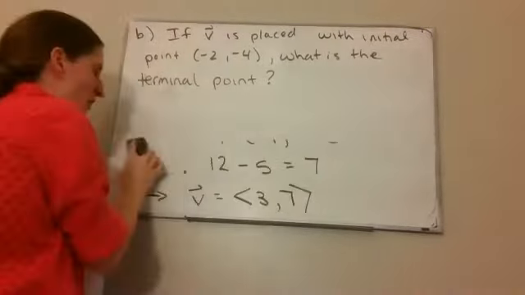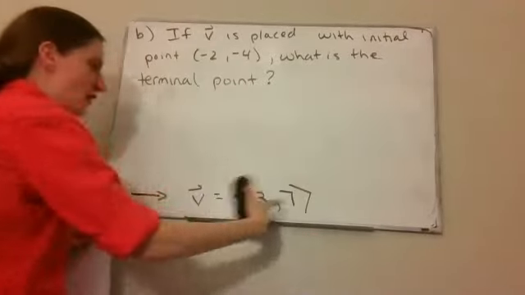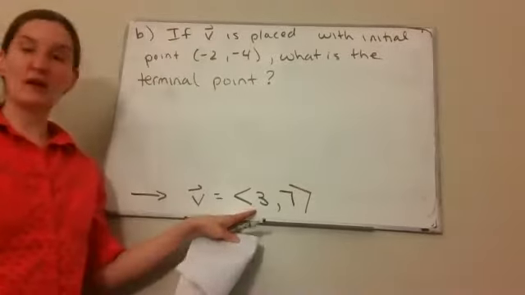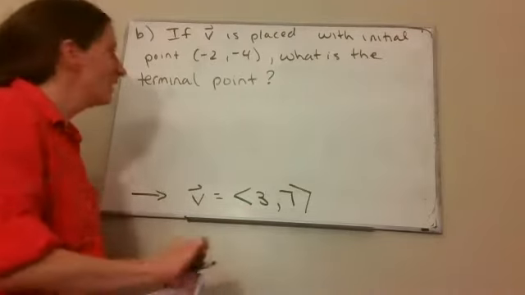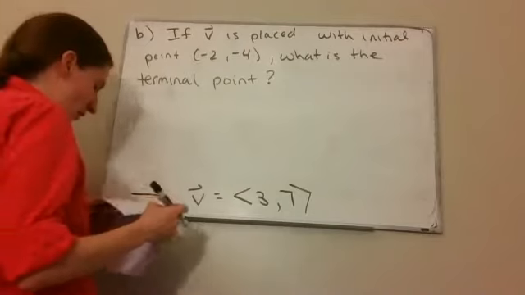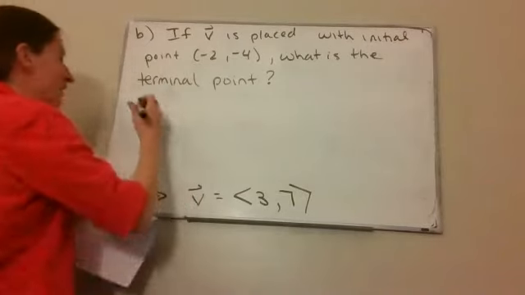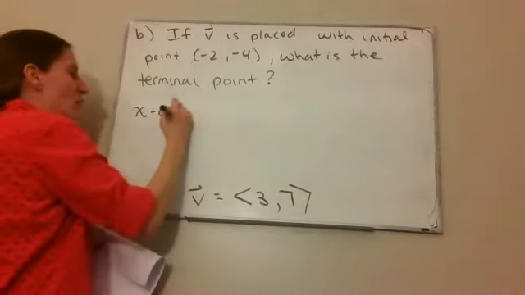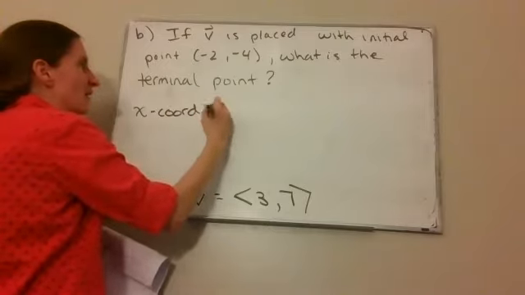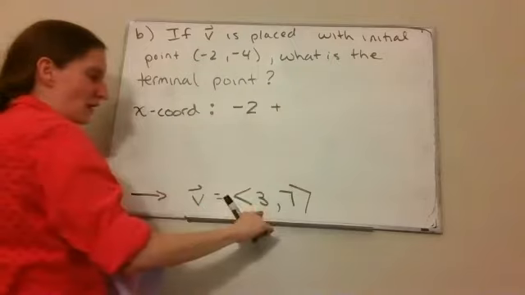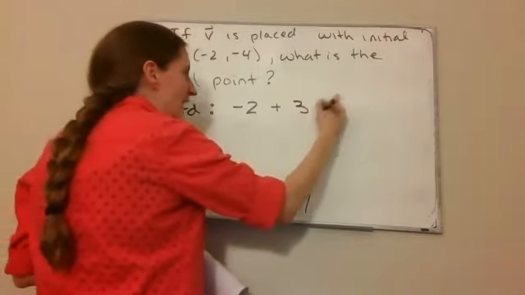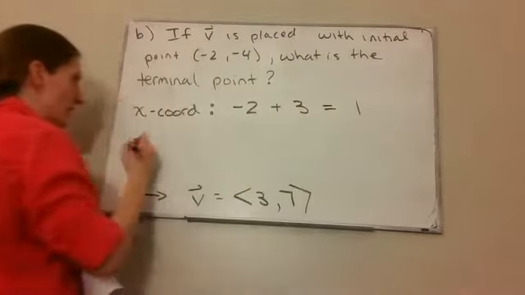And I know the component form of my vector, <3, 7>, meaning my horizontal displacement will be 3 and my vertical displacement will be 7. So I can find my terminal point by taking my x-coordinate, which was -2, and adding to that my horizontal displacement of 3 to get 1.